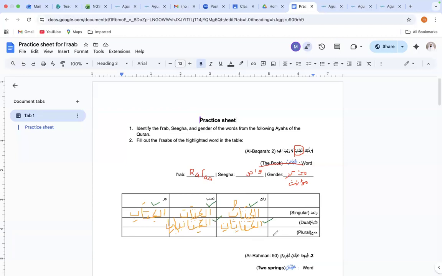Okay. Now in the state of plural. كتابون. الكتابون.